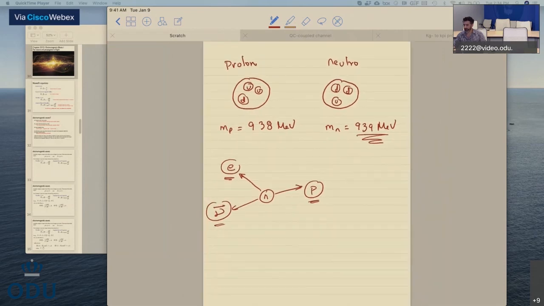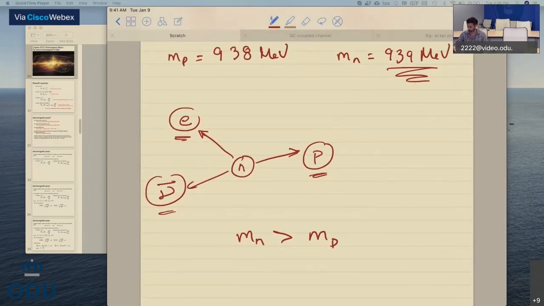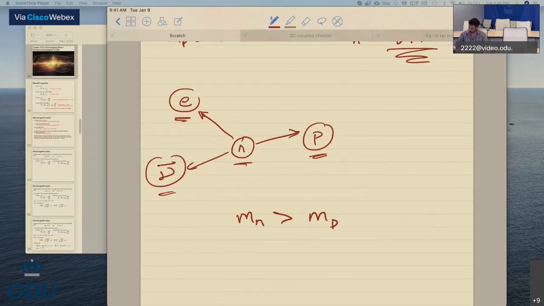And so for this decay to be possible, the mass of the neutron has to be bigger than the mass of the proton. Otherwise, if you go to a frame where the neutron is just at rest, we know that the energy has to be conserved in this reaction.